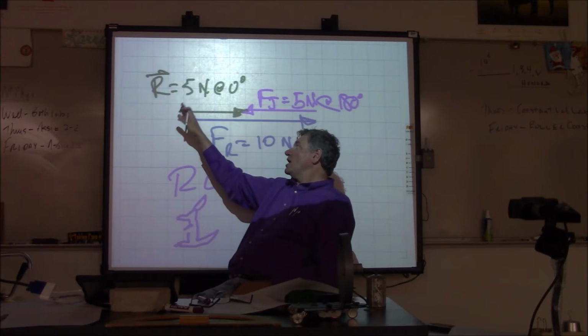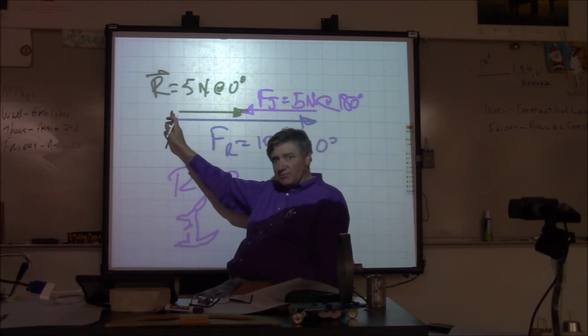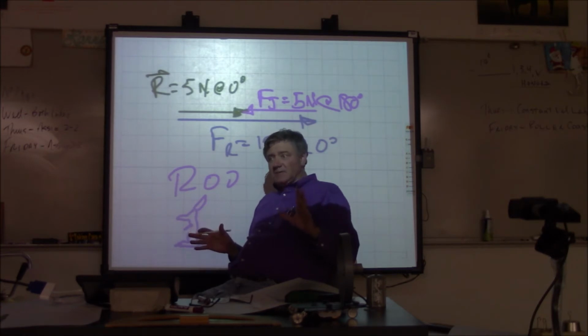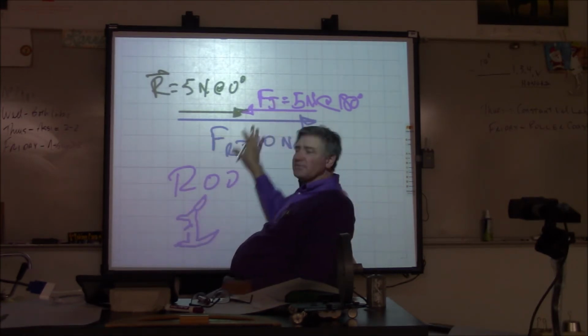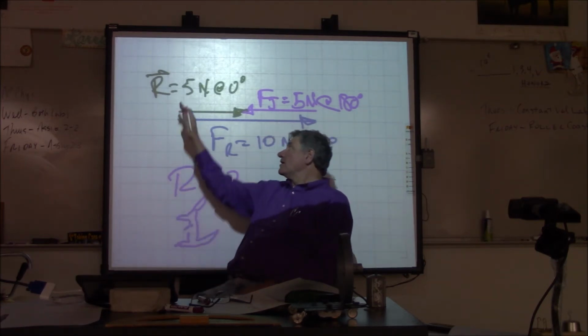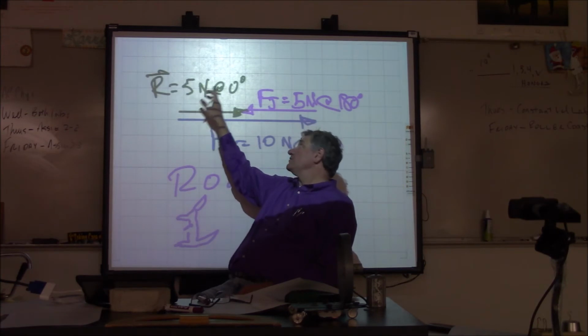So this is why you always go from the origin out. Now, this is as simple as it gets, but if you understand this process, everything else is just going to follow suit, okay? So, here's my resultant, 5 newtons at 0 degrees.